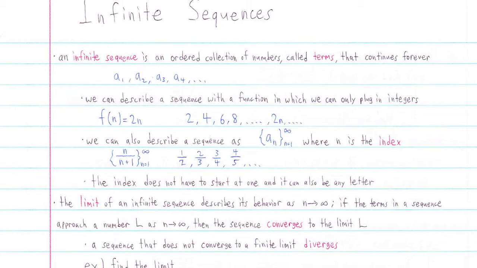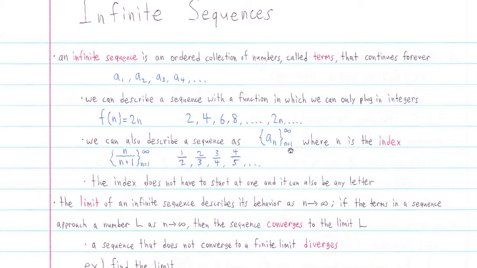Only integer values. So another way to describe a sequence is with this bracket notation. Inside the bracket, we have the general term, which is a formula for finding the nth term. And then here we have n equals 1.